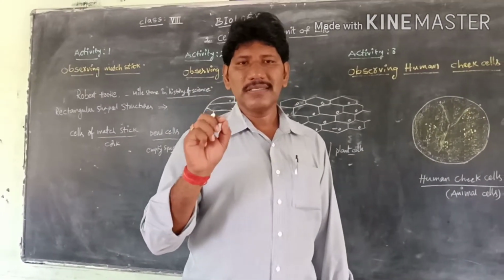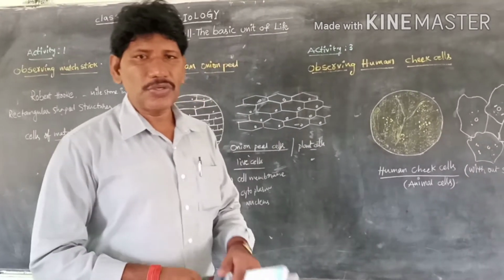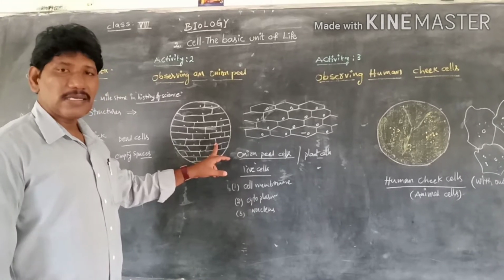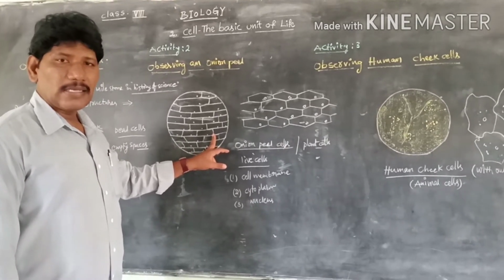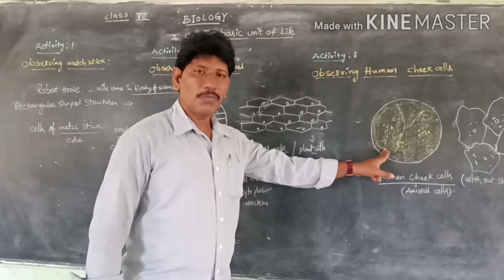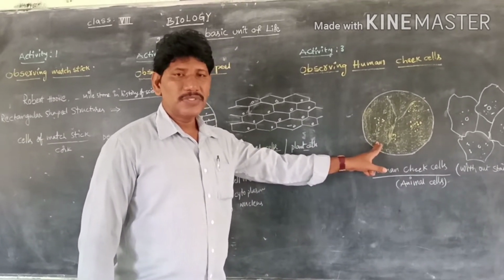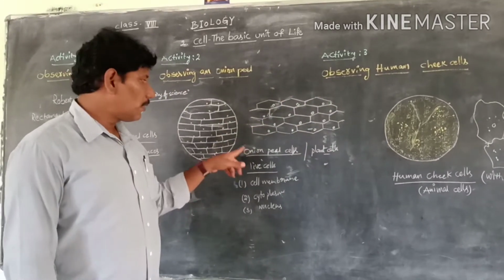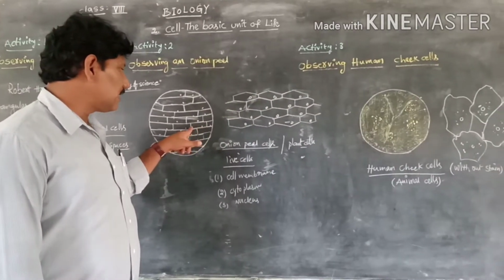Already in the previous video we observed the onion peel cell and the human cheek cell under the compound microscope. It was very clear. Today we are going to observe the prominent structure of each and every cell.